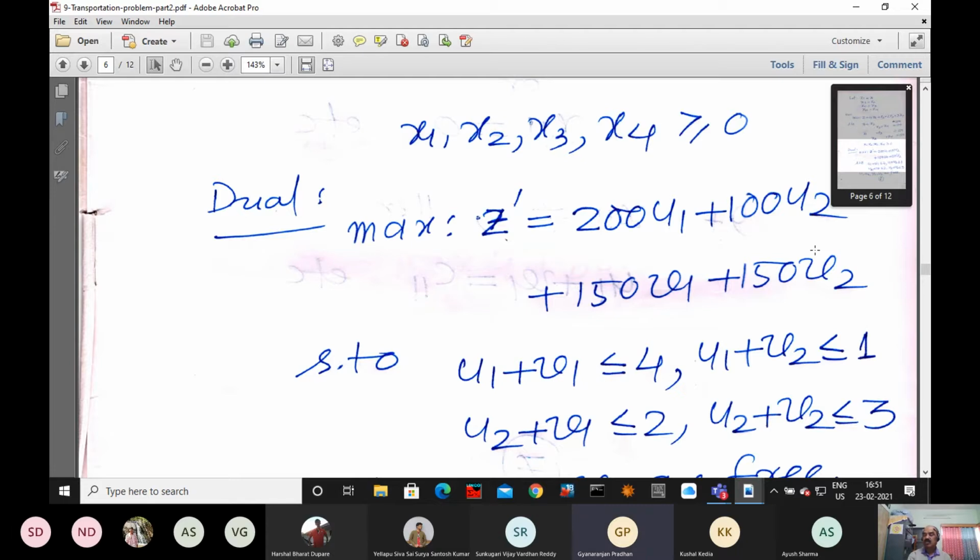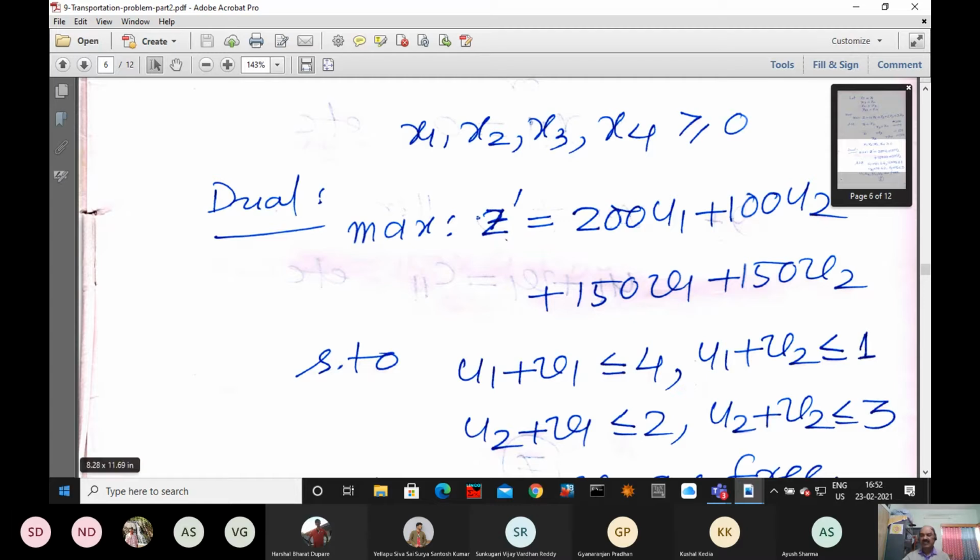V1 equal to 4, okay. You calculate all together how much value this objective function is coming to. You got all the variables, now you substitute. If they are becoming equal, then this is the optimal solution. If they are not becoming equal, this cannot be the optimal solution. We have to improve. That is what we are testing.